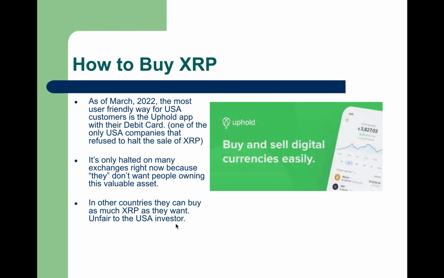It's still a very large percentage of all the crypto holdings in the world, but you can't buy XRP. They make it hard for the United States to buy XRP, but in other countries you can buy it, which I don't think is fair, and neither did the CEO of Uphold. So if you're looking to buy XRP, this is where to get it.